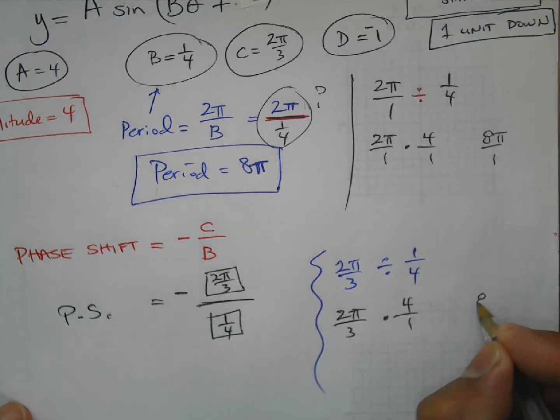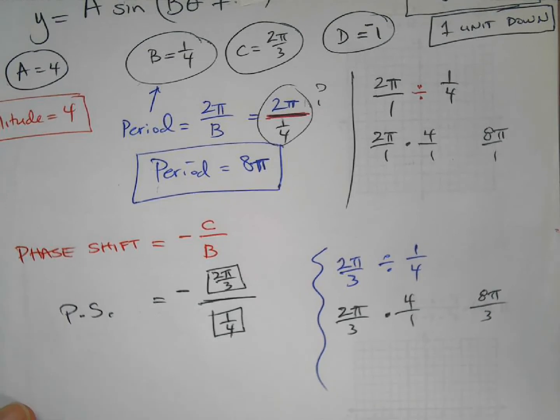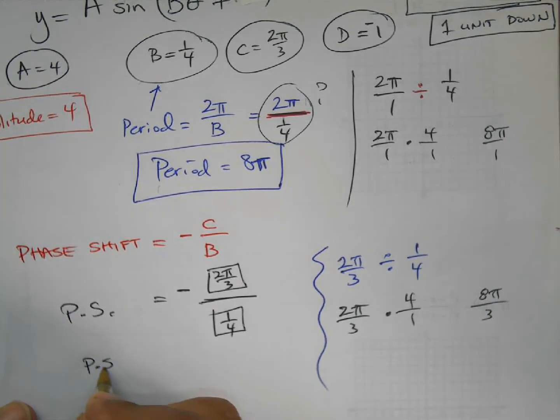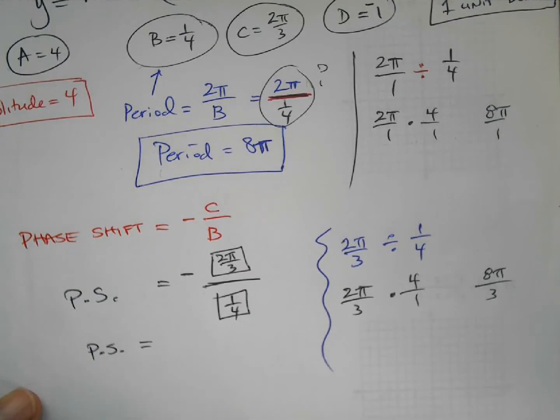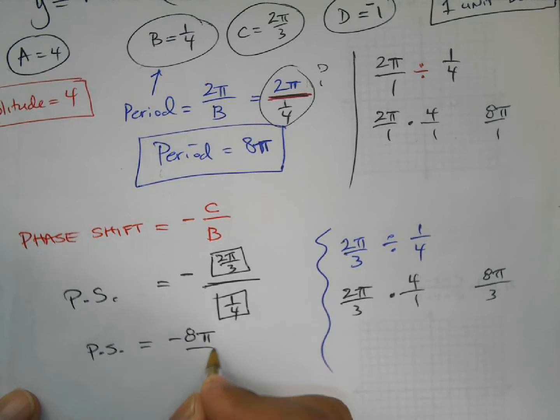That's going to be 8 pi over 3. That's your phase shift. And remember it has a negative, so negative 8 pi over 3.